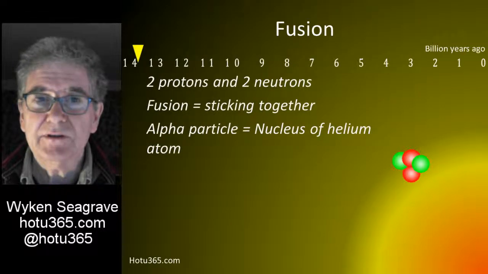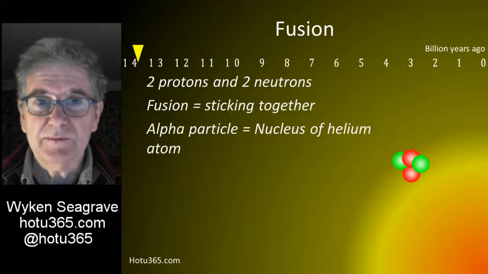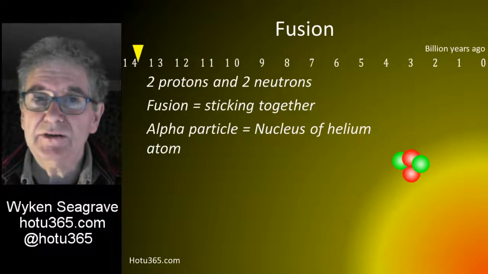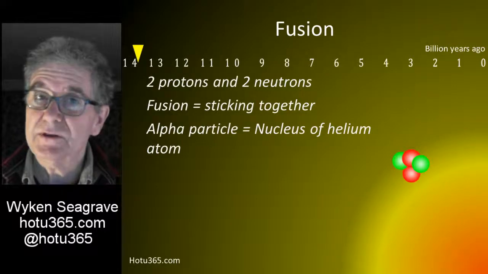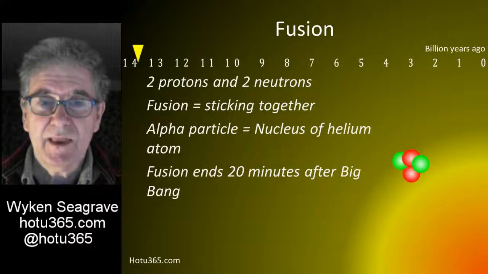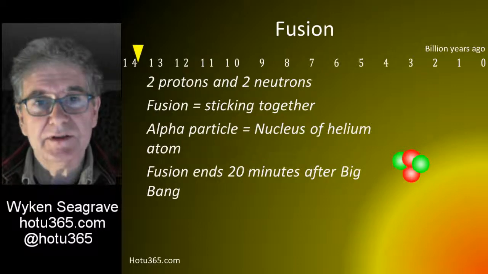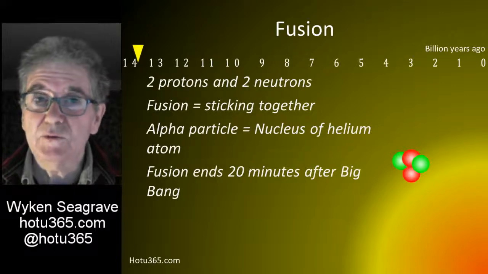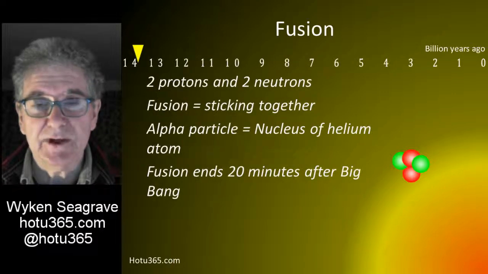And the result is called an alpha particle, or sometimes it's called the nucleus of the helium atom, because as we'll see later, these particles became the centre of atoms. And this process of fusion ends after about 20 minutes, when the universe is so big and so cool that there's not enough energy to fuse these particles together.